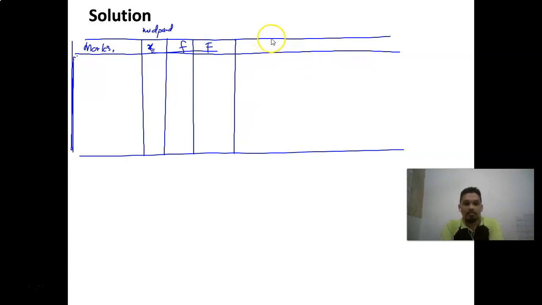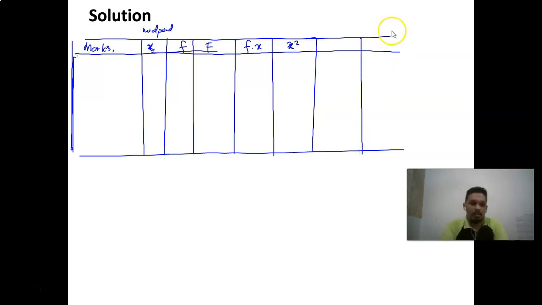What's next? F multiplied with x. Let's say I add another column of x squared, and this one is for f multiplied with x squared.